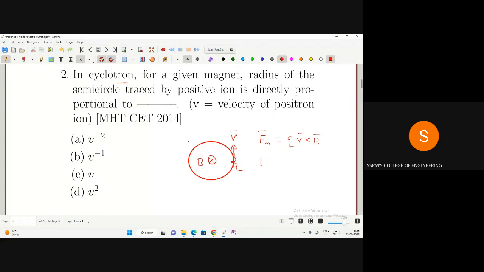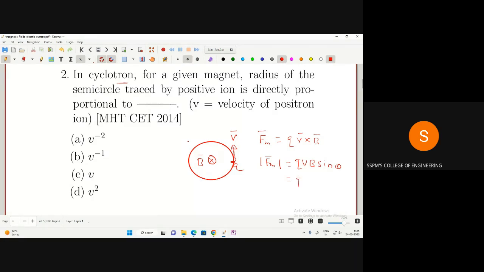The magnitude of the magnetic force is q into V into B into sine theta, where theta is the angle between V bar and B bar. As we know, B bar is normal to the paper and V bar is tangent. The angle between V bar and B bar is 90.